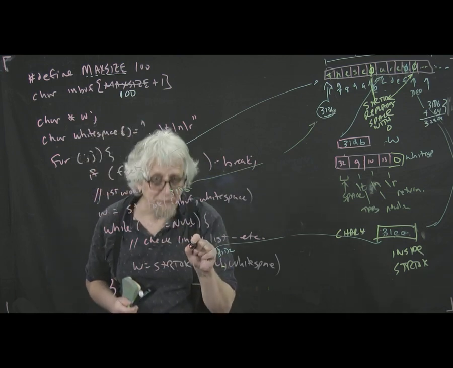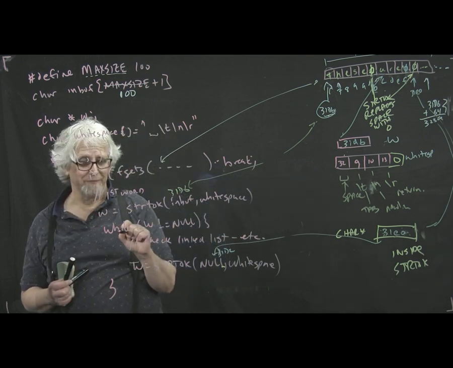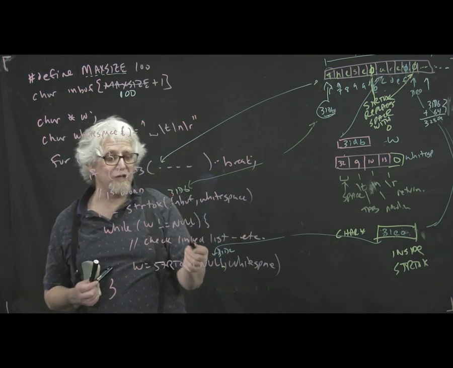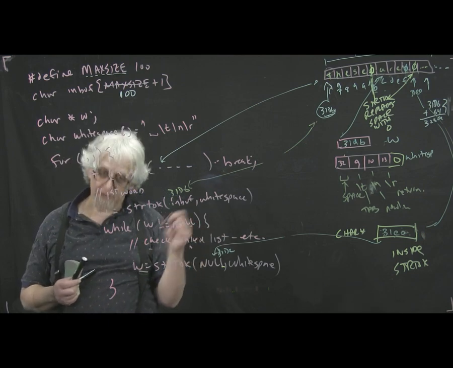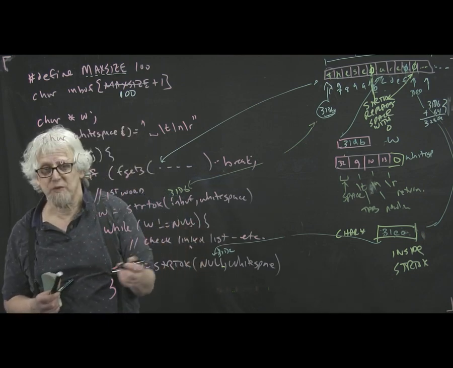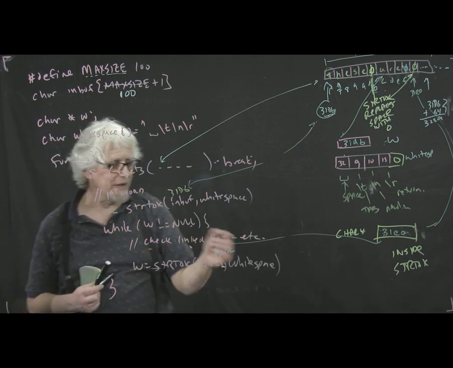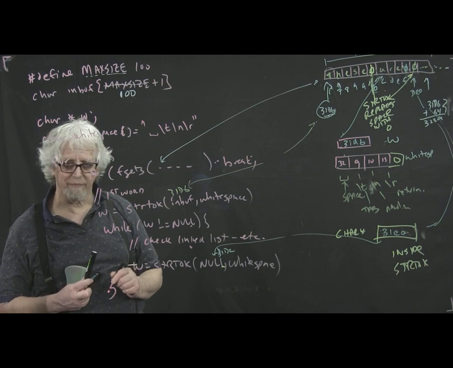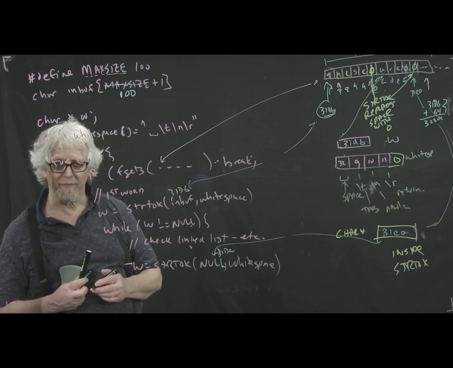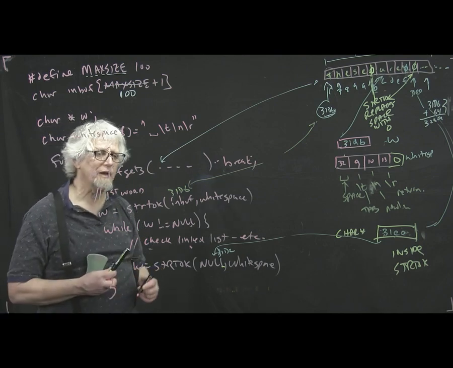We process the word. We see if it's on the linked list. If it's already on the linked list, we just bump the count. If it's not on the linked list, we malloc a struct and put it on the linked list like that. Okay? Got it.